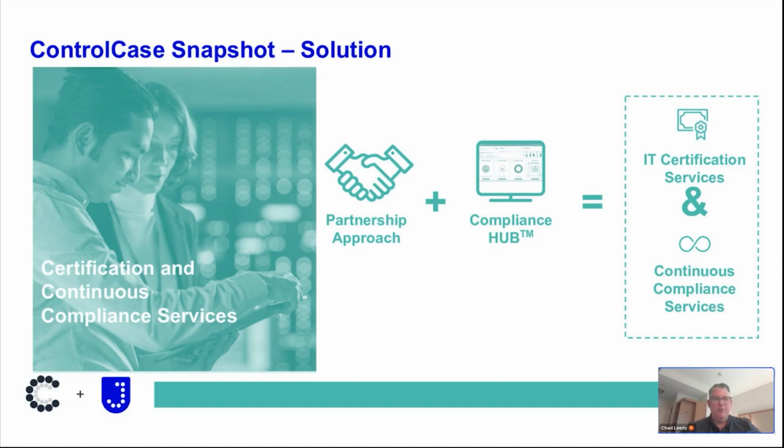So the idea is that we want to create an environment where technology can create efficiencies, and our Compliance Hub portal. I know everybody loves to talk about their portals and thinks their portals are great. We don't utilize our portal as a nice to have. It's really the center point for our engagements. So there is an AI component built into our portal where when you upload evidence, that evidence is reviewed almost instantly.